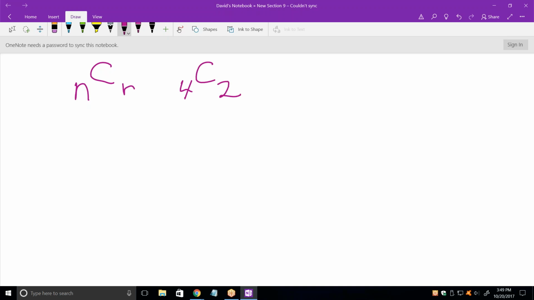That's the way you talk about that. And the formula for it is n factorial over n minus r factorial times r factorial.